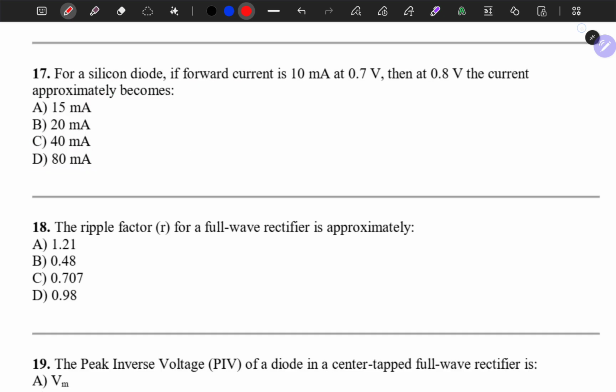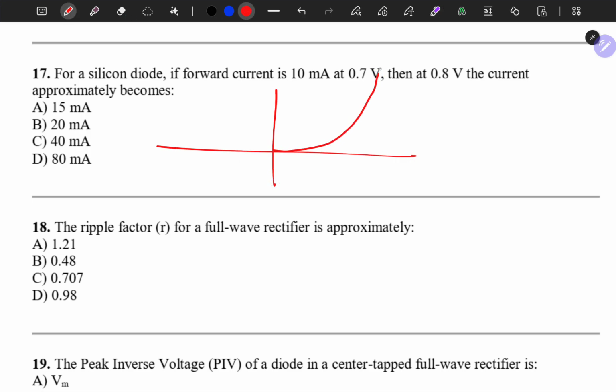The next question is for a silicon diode: if forward current is 10 milliampere at 0.7 volt, then at 0.8 volt the current approximately becomes? For clarifying this numerical without any solution, we need to know the graph, in which we have an exponential increase.